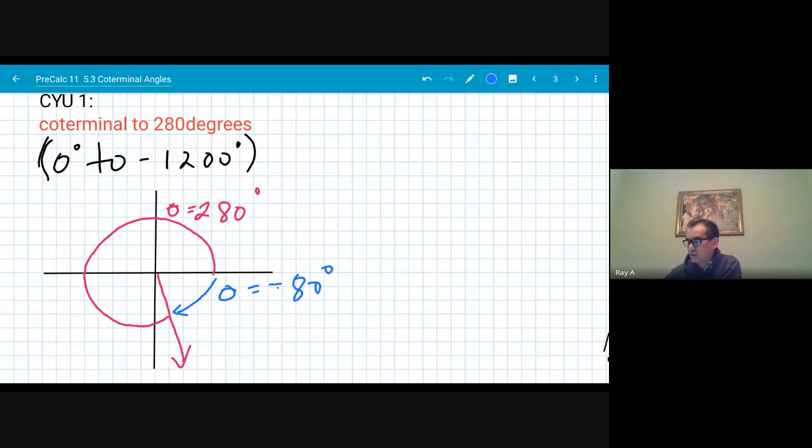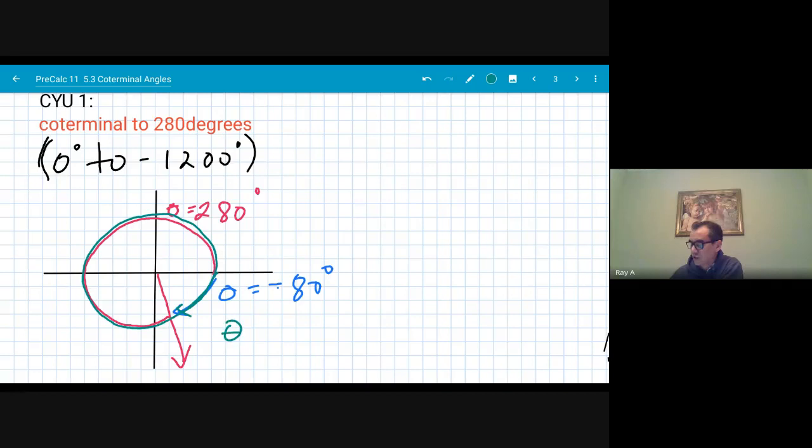What would be another coterminal angle? Because we are looking for coterminal angles between 0 and negative 1200. So we will be looking for negative angles, until we get to negative 1200. In fact there is another angle. If we go this way, negative 360, and there you go.